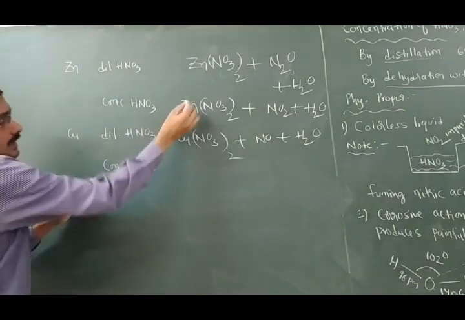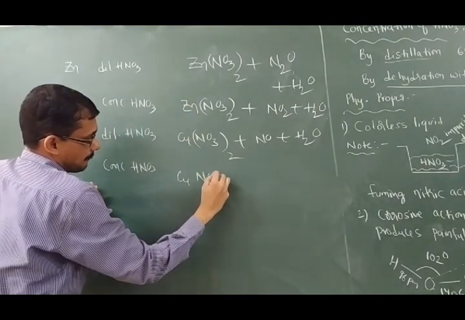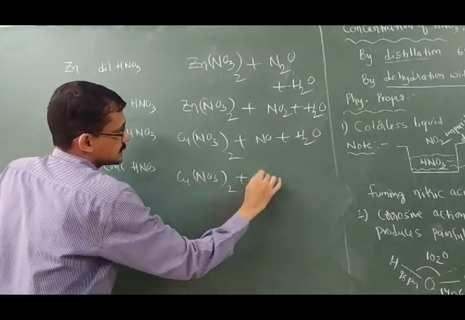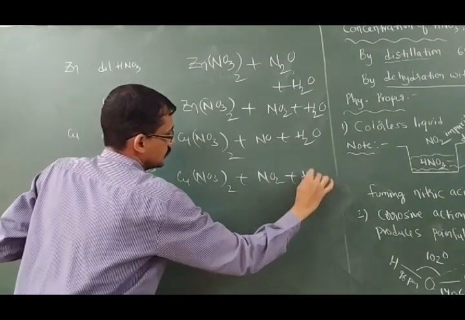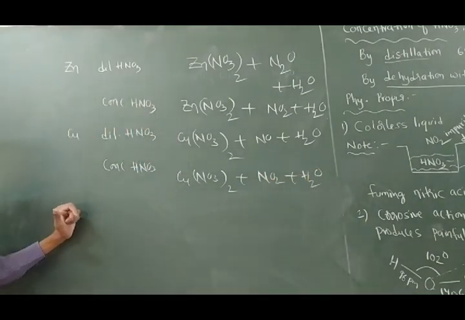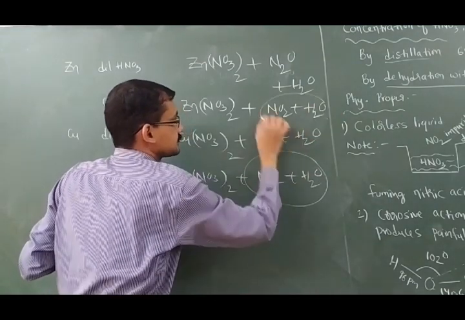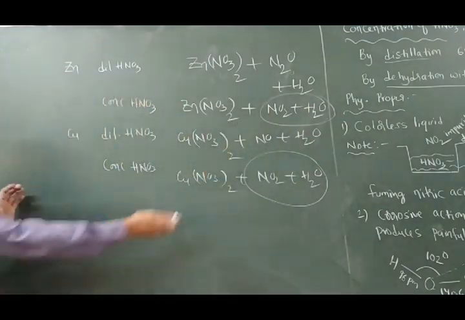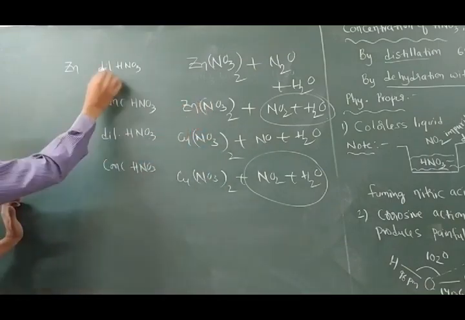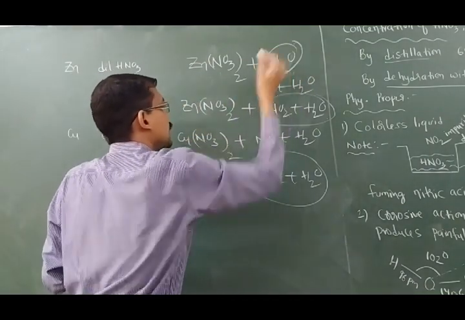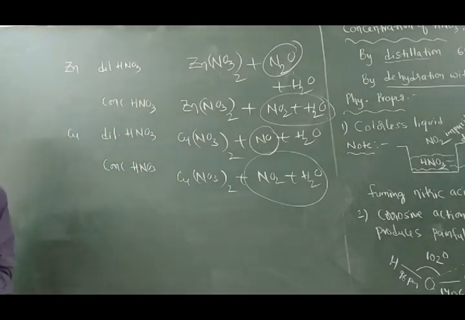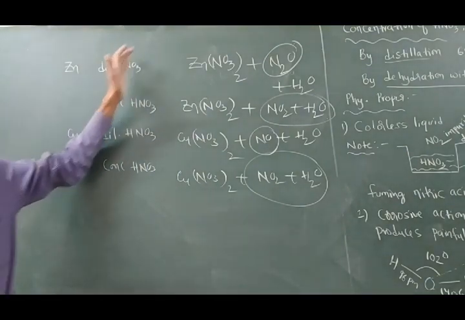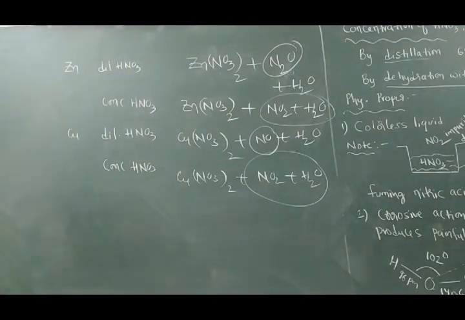With concentrated HNO3, again the same: copper nitrate plus NO2 plus water. Now when you observe, with concentrated HNO3 these are common, and these are nitrates only. But with dilute HNO3 the thing is different: N2O and NO are different. Copper, nitric oxide; zinc, N2O. In this way we can easily remember the chemical reactions.